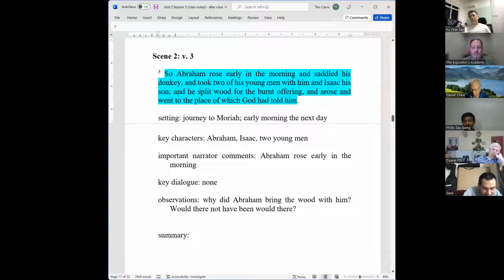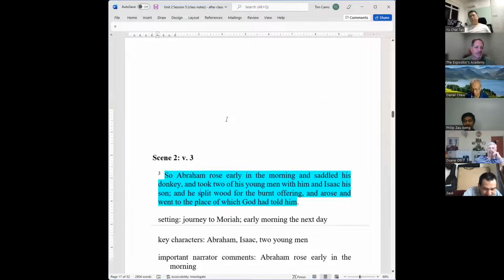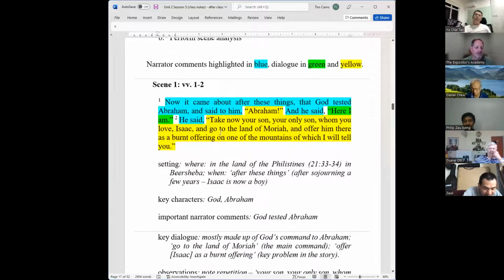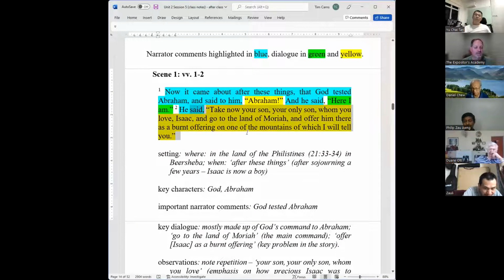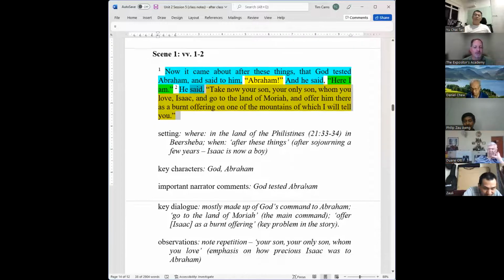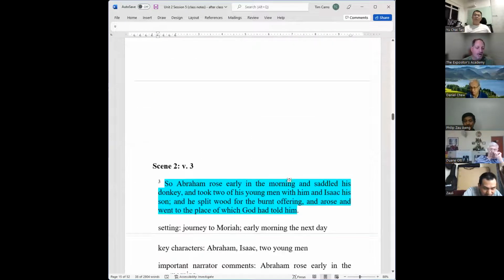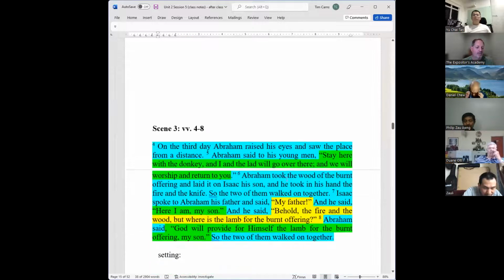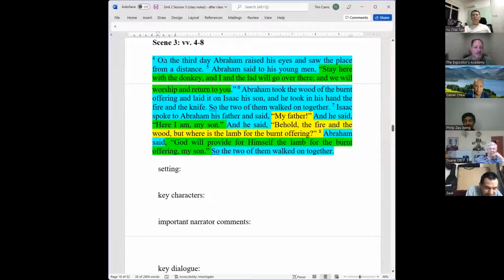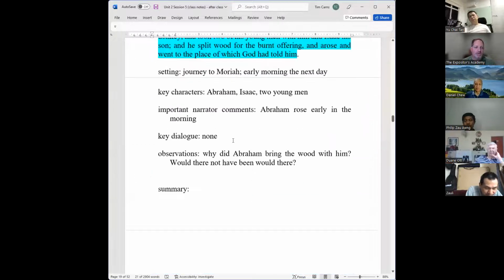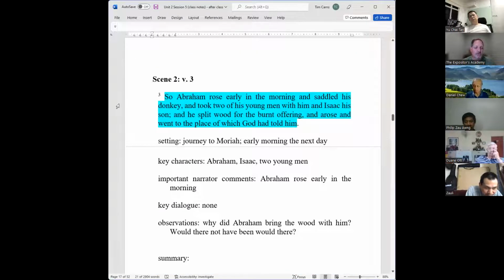He doesn't just go from verse 2, which was God telling Abraham to go to the place that I'll tell you. He could have jumped right to scene 3: on the 3rd day, Abraham raised his eyes, saw the place. But he chose to include scene 2.